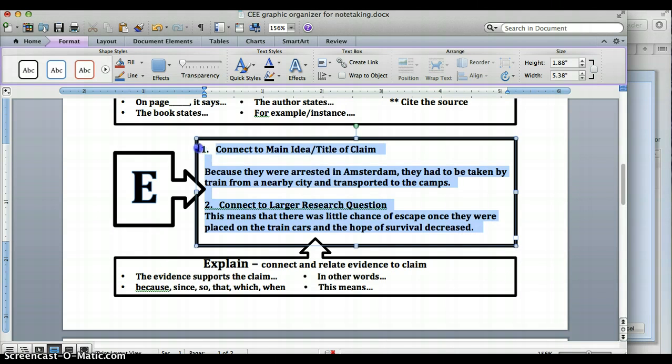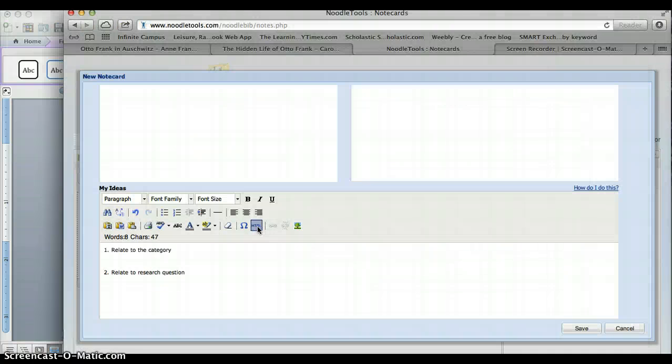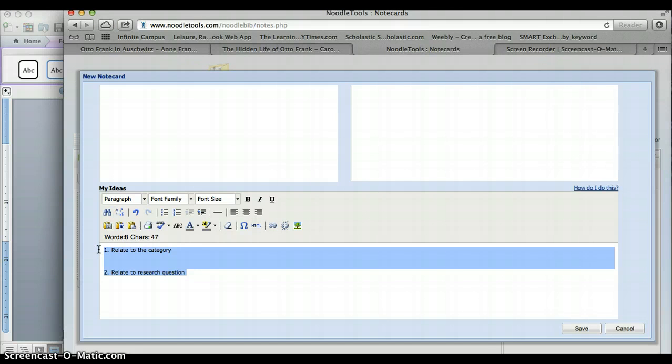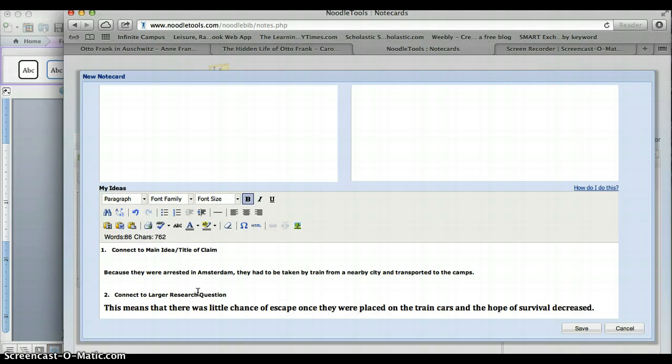And if we did not get this entire explanation down, this is where I would like you to pause so that we can then go ahead and work on creating this explanation so that we have the entire CEE model.